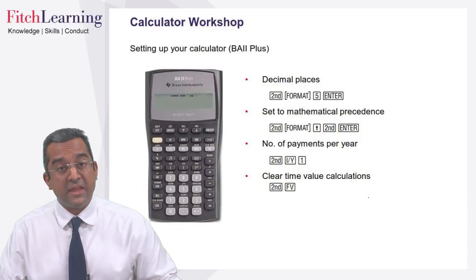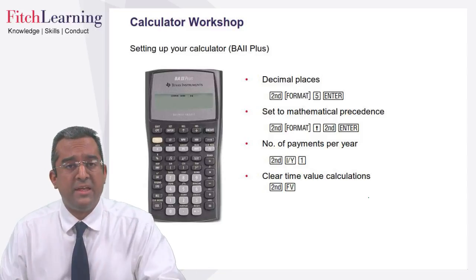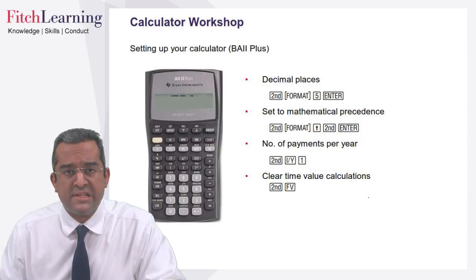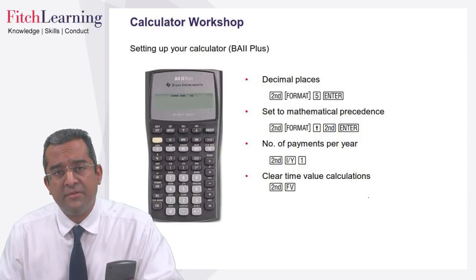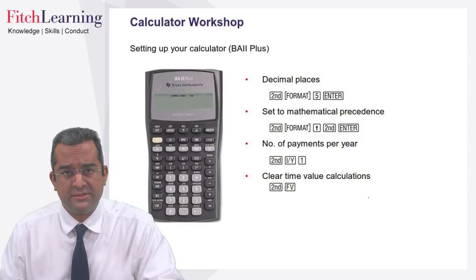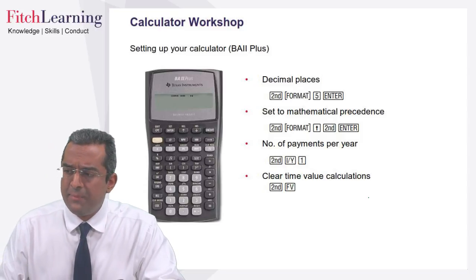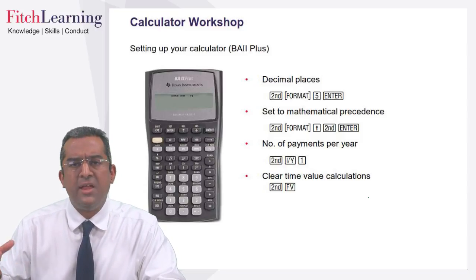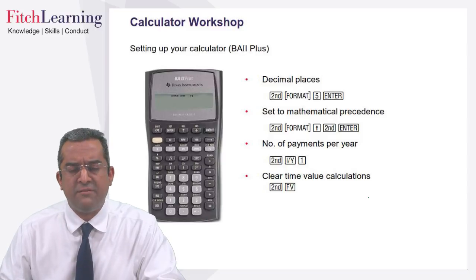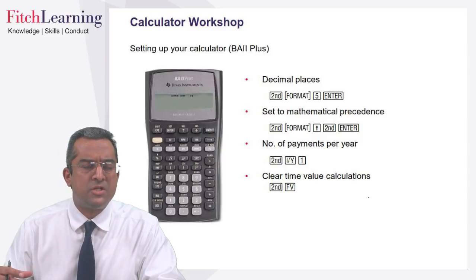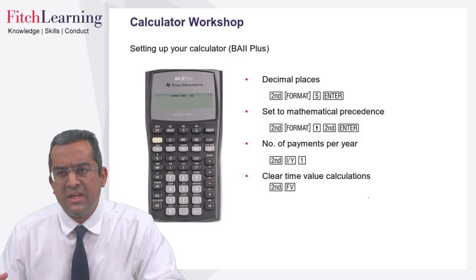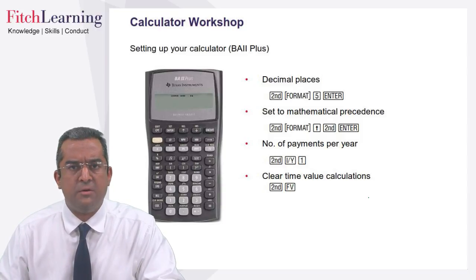You can see we have a picture of the calculator in front of us there. The first thing is, in order to make sure you get the right level of accuracy from your calculations, I'm thinking about a calculation such as duration or convexity in fixed income, or interest rate parity in foreign exchange and economics.